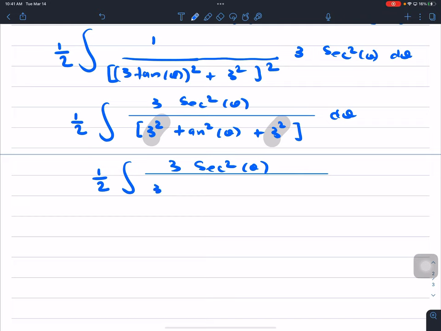And then that's going to be a 3 squared tangent squared theta plus 1 d theta. On the previous step, you put it squared, but you already distributed the squared. Oh, sorry. I apologize. Let me go back. I messed up with the algebra. There's an issue here.